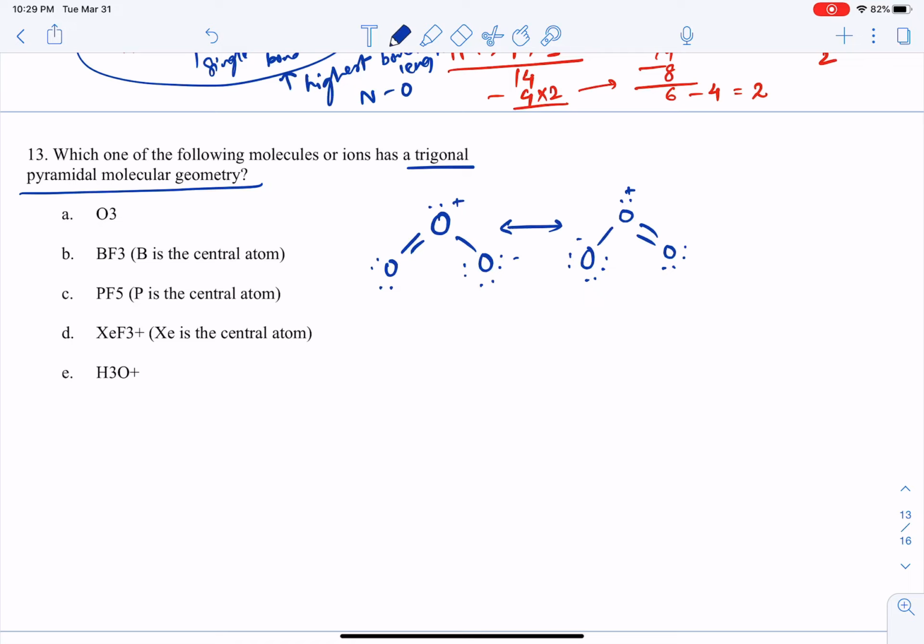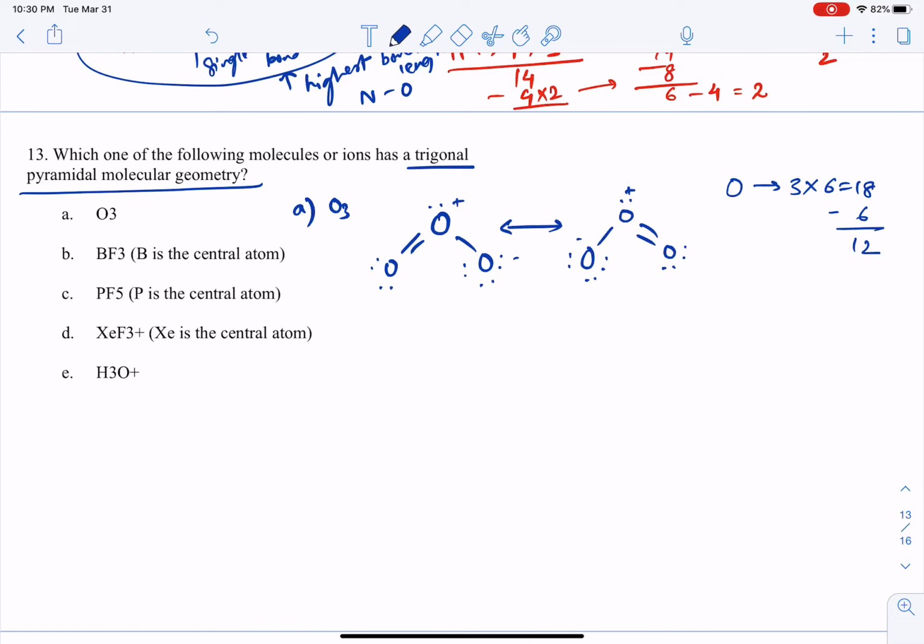So this is the resonance structure of O3. How I did it, if you want to do it again: you have 3 oxygens, 3 into 6, that's 18. You form 3 bonds first, so it's minus 6, that's 12.